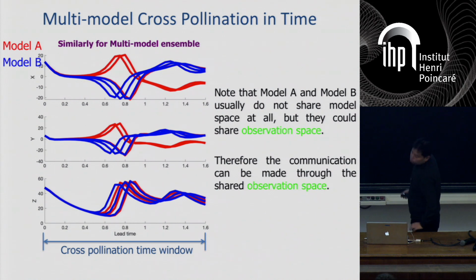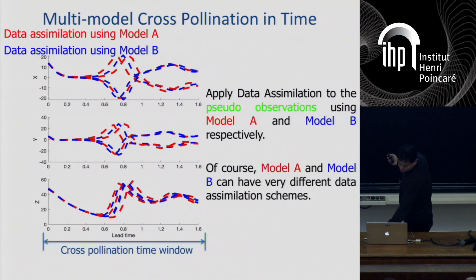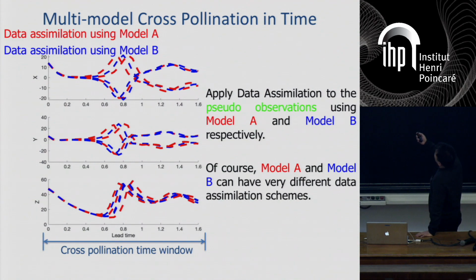Similarly, if we apply this to the multi-model ensemble, from each model's data simulation we'll be able to generate these model trajectories in the cross-pollination windows.